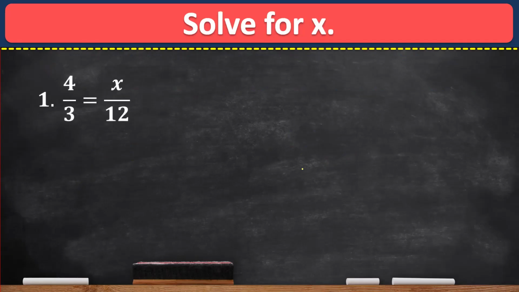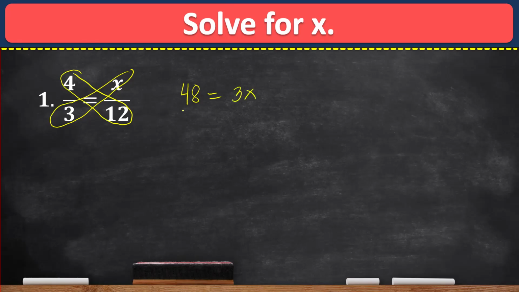Okay? So solve for x. We will now be solving for the value of x. So here in solving this proportion, we will simply apply the cross product rule. So cross multiply lang. So we have here 4 times 12, that is equal to 48. We're going to have 48 equals, and then 3 times x is 3x.